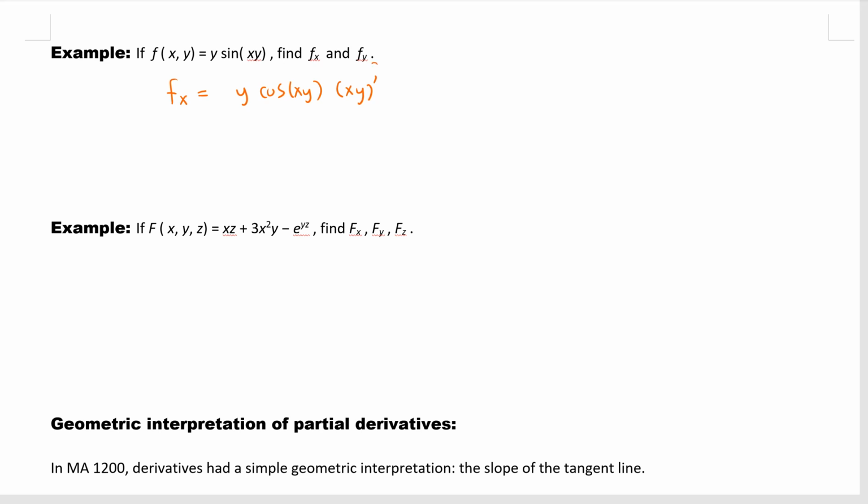This prime differentiates with respect to x. Well, xy with respect to x, derivative of x is 1, and then y is just like a constant, stay there. So we combine the y together, so we have y squared times cosine xy.